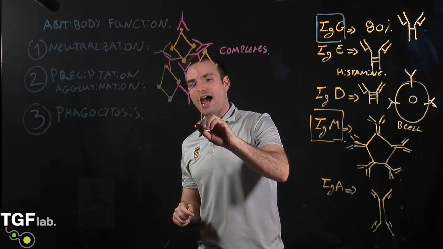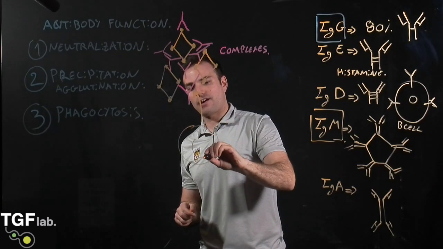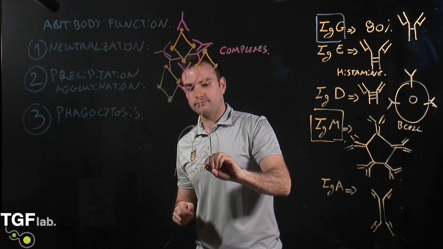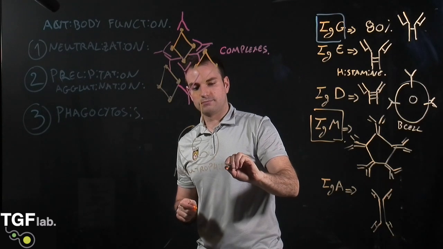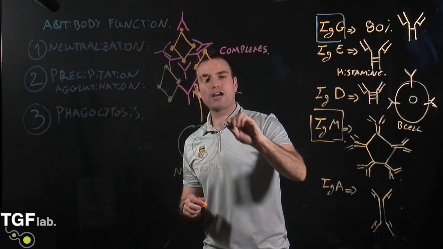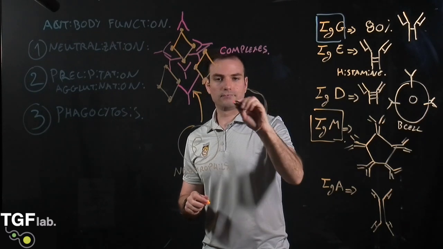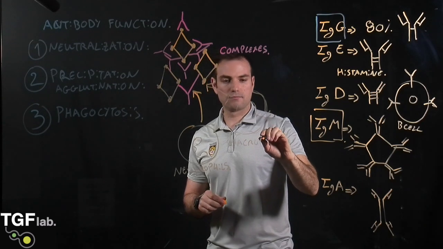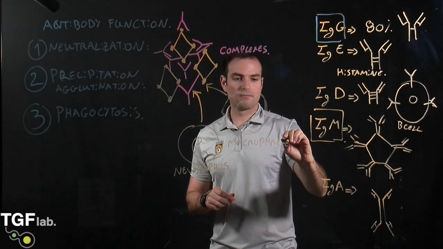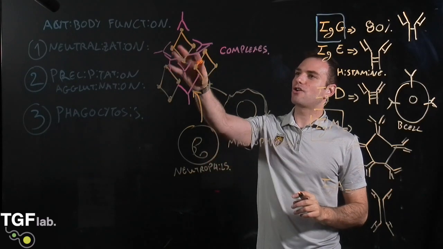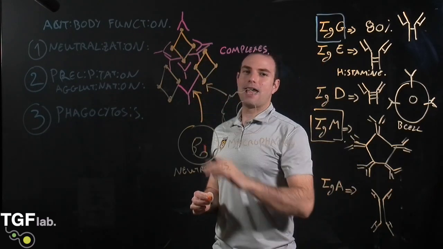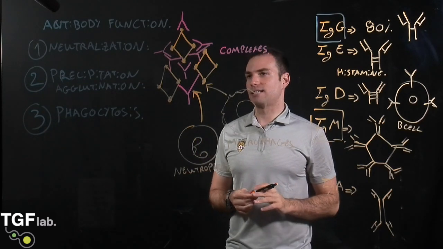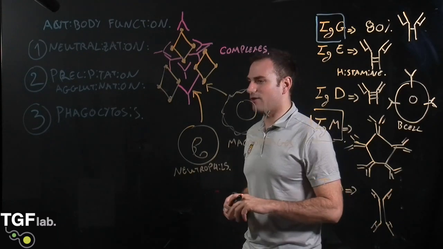It's going to attract 2 different cell types that are very important: the neutrophils, and also the macrophages. These are going to be the cell types that phagocytose all these different toxins, bacteria, compartments, and also viruses that are identified by the antibodies.